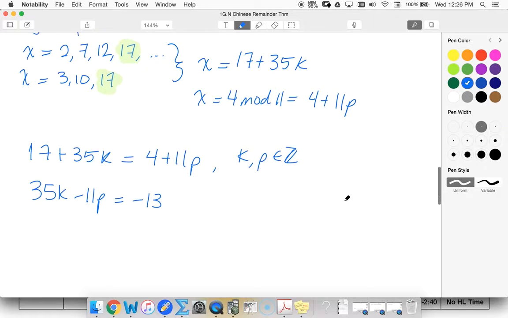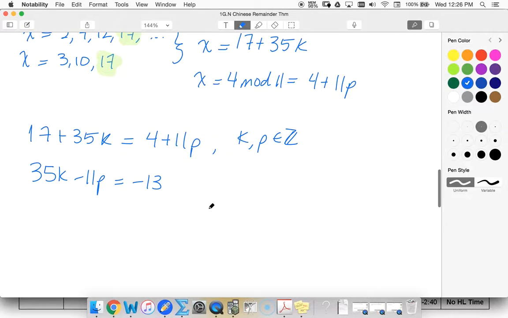All right. So to know that it has a solution, I need to check that the GCD of 35 and 11 is 1. That's true, so we have a solution.